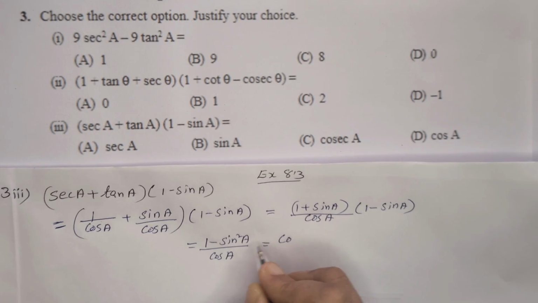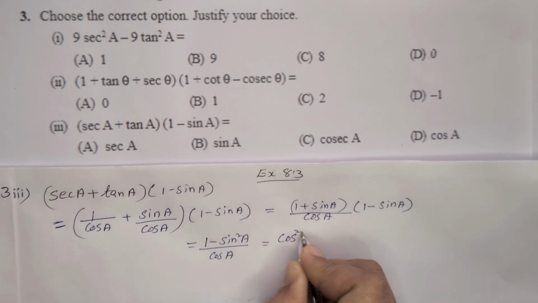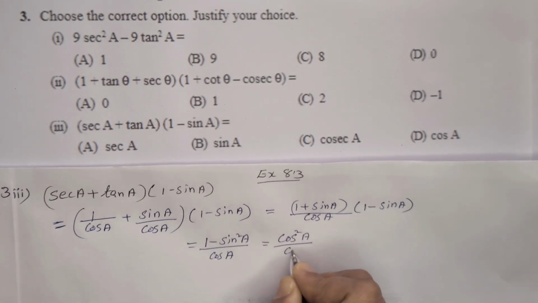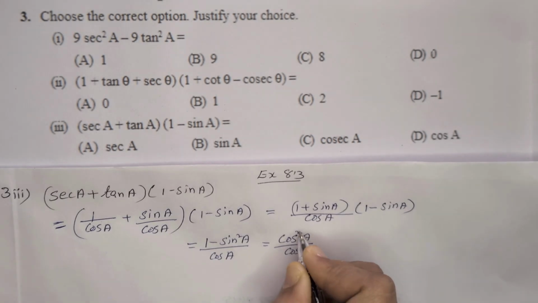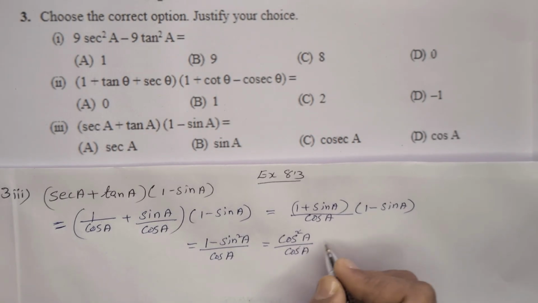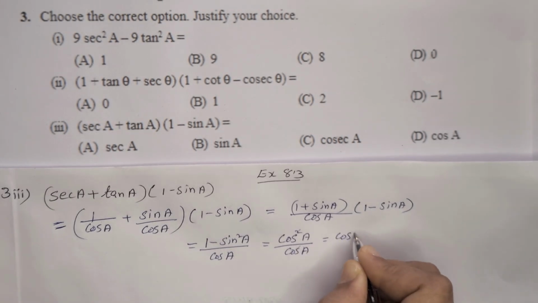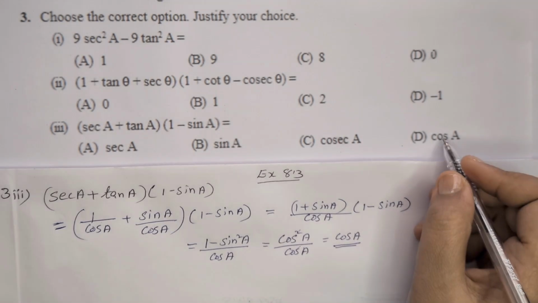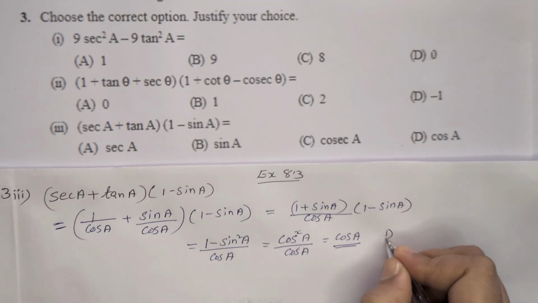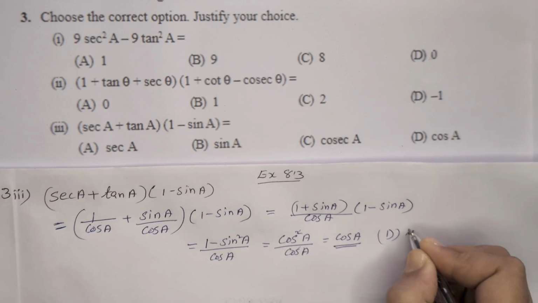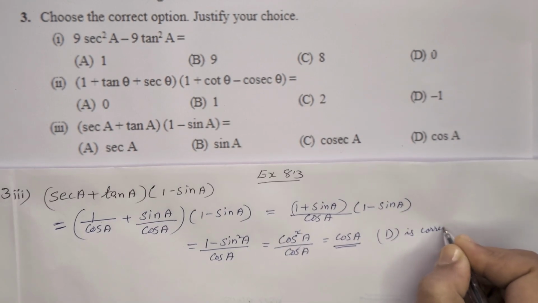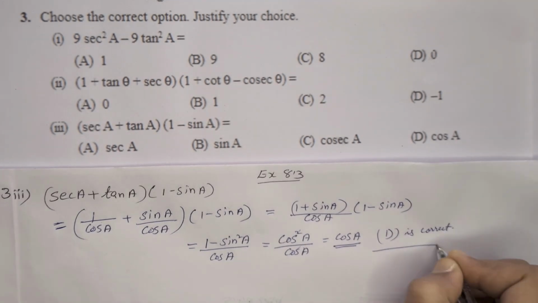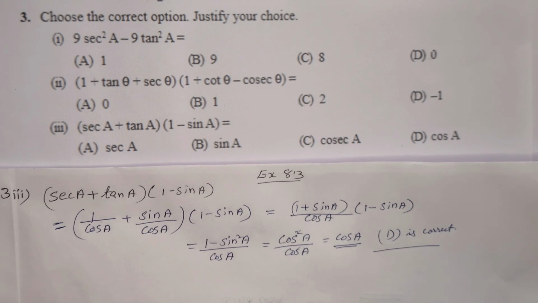So cos square A by cos A, one cos we can cancel, so it is equal to cos A. Now look at the options. Cos A, D. So option D is correct.